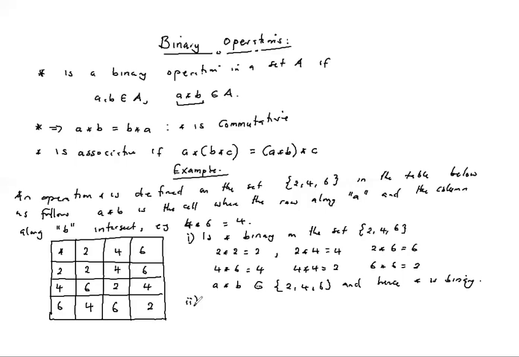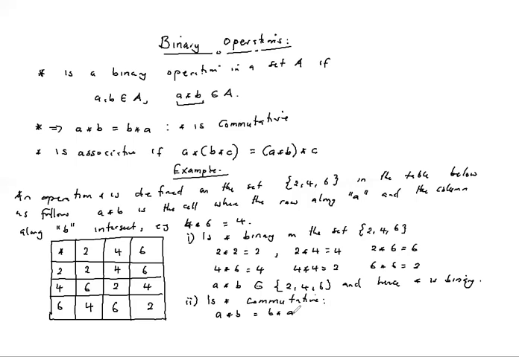The second question, is the operation commutative? So is star commutative? Let's see. If it's commutative, we require that A star B should be the same as B star A. If we find any case where it fails to be commutative, we don't care about how many cases hold.